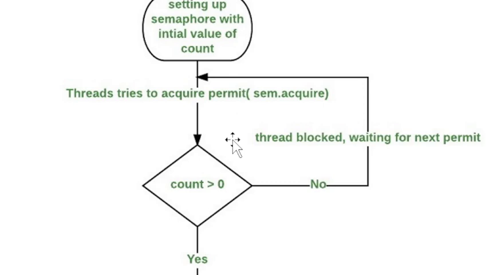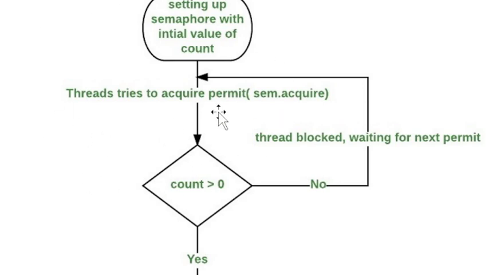This is the main point of the semaphore: how it controls the access to a resource. Suppose one thread is in the blocked state. Why is it blocked? Because it is not getting any permit. If a thread is not getting a permit, it will stay in the blocked state.